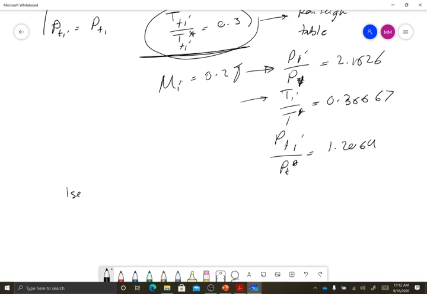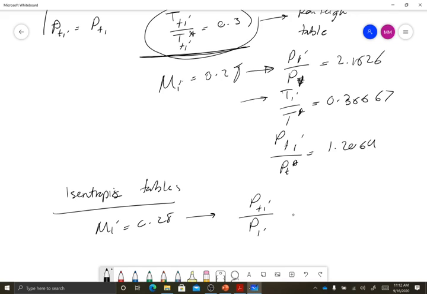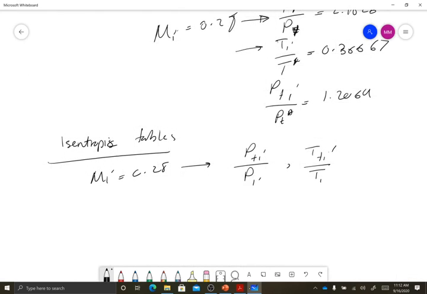Isentropic tables. So we go back to the isentropic tables, right? For the new M1 prime, which is 0.28, you can find PT1 prime to P1 prime, and TT1 prime to T1 prime. Okay.